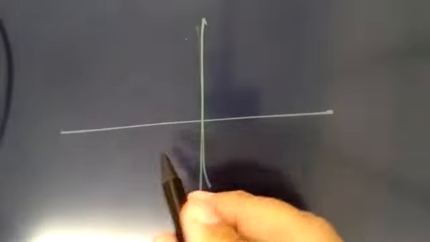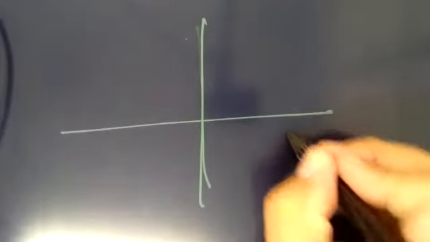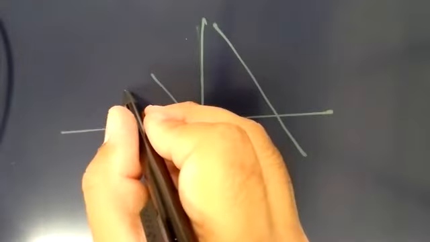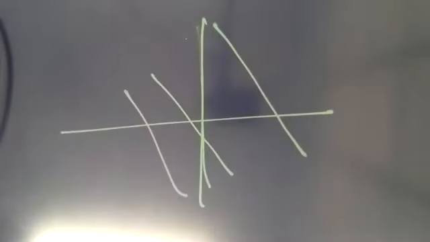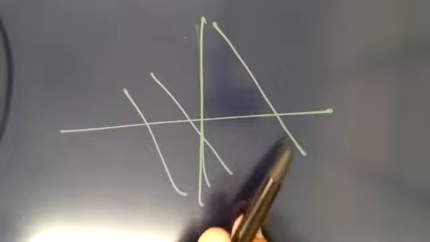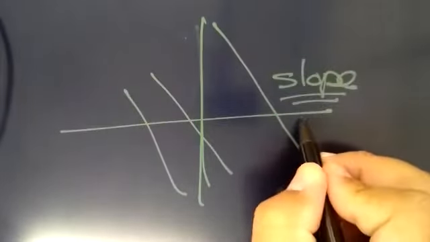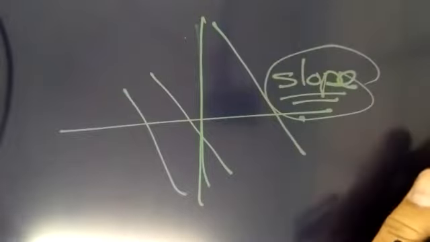Let's say I have this here, okay? And I have one line that goes like this, another that goes like that, and then one that goes like that. They're all kind of going in the same direction, but only two of them share the same slope. In order for you to understand this, you need to know the slope formula.